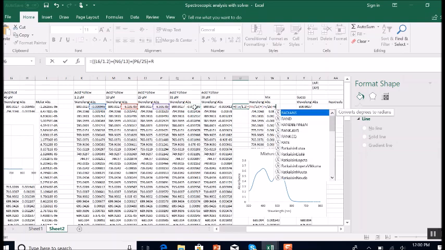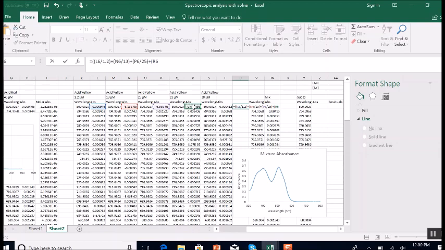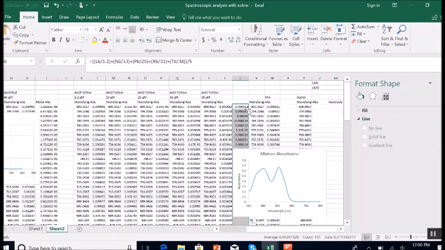This one divided by 31, plus this one divided by 38. And again, because it's an average, we need to divide by the total number of measurements, which in this case was 5. And here's our acid yellow molar absorptivity.